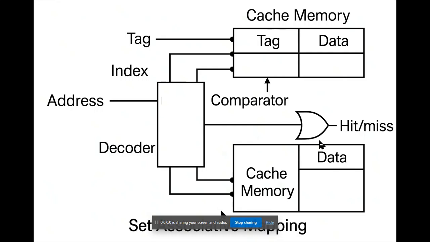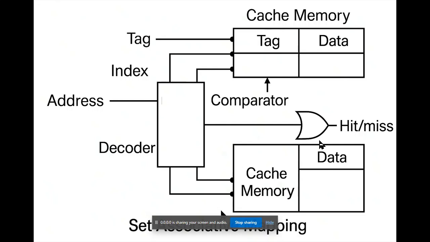Then we have the hit or miss logic, which determines if a cache access results in a hit or miss by combining the comparator result with the valid bit. Then we have the replacement policy, which selects blocks to evict on a miss. We have the write logic, which handles writing data back to the memory in the case of write-back policies. This is mainly when there is a miss.